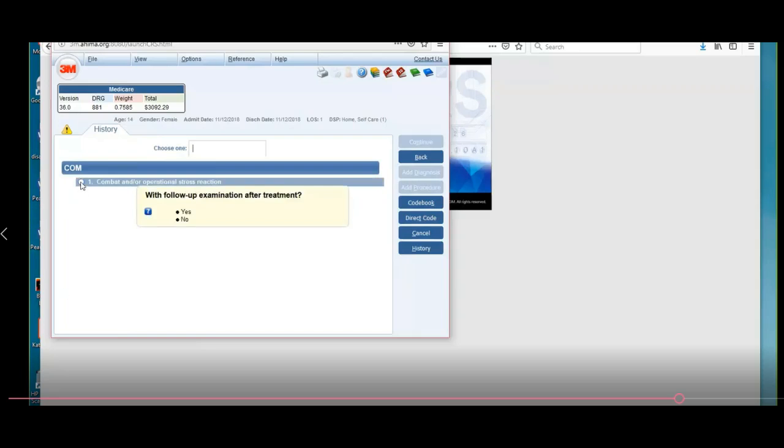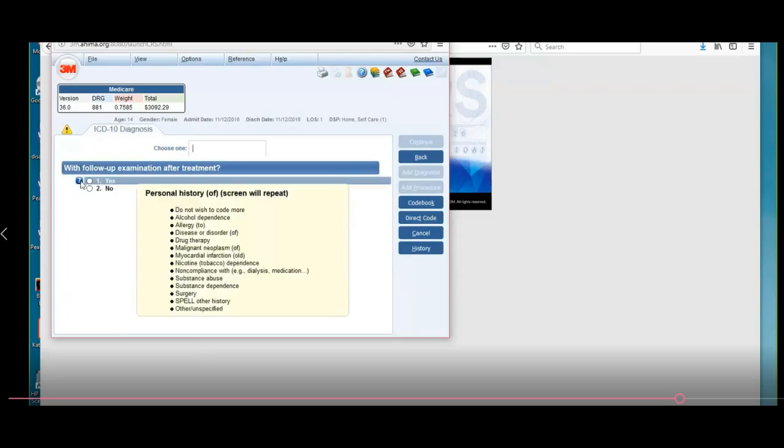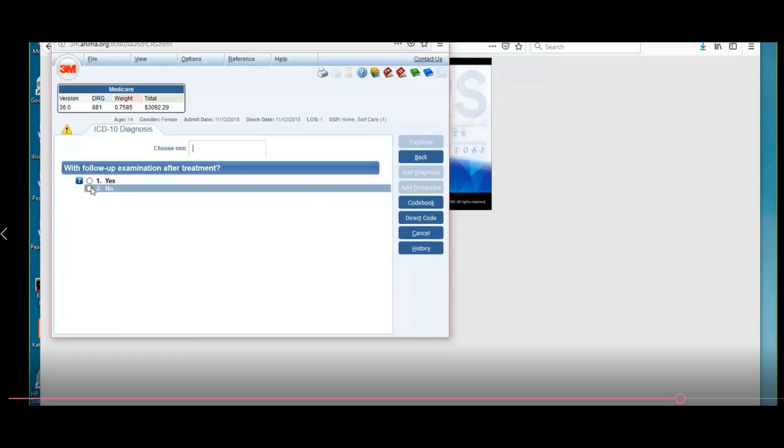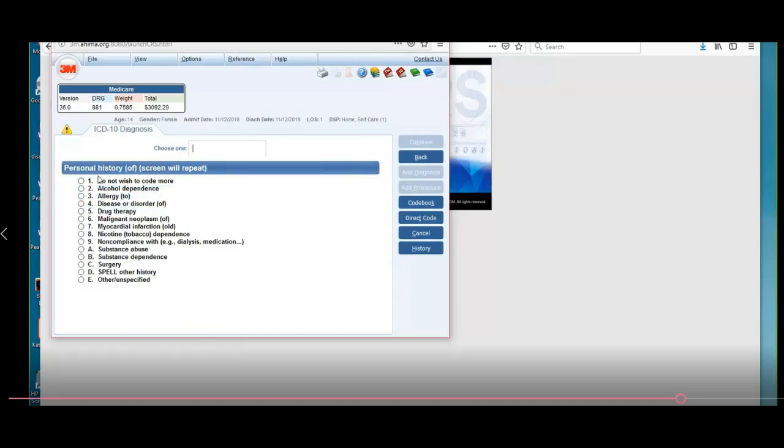So it's under combat and operational stress reactions. So that's what we're going to pick, the 1. And there wasn't a follow-up exam, so we're going to pick no. No other personal histories that we need to code right now. So we're going to pick no.